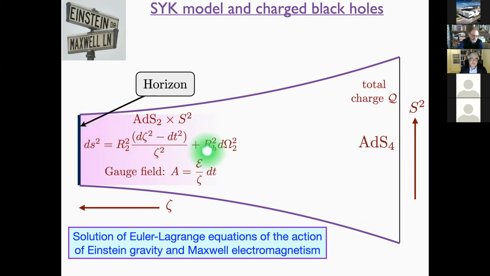The electric field is, of course, just given by Gauss's law. So there's some net charge inside, and if you wish, you can neutralize the charge out at infinity with the electric field going out there. All right, so now we just look at the quantum fluctuations on this part of the metric.